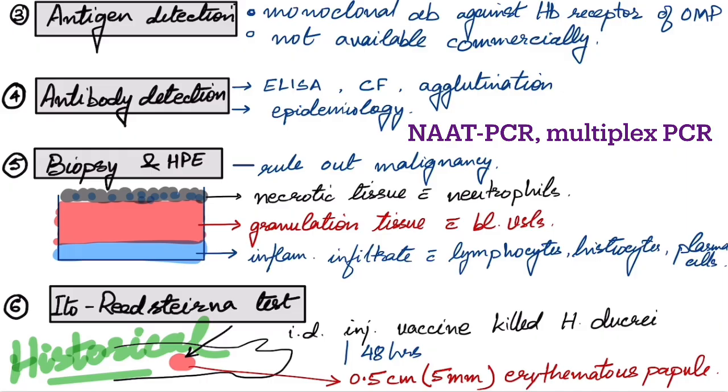Here we can use multiplex PCR made for 3 diseases. One is Chancroid, another one is syphilis and herpes genitalis or the HSV. So the 3 causative agents, that is Haemophilus ducreyi, Treponema pallidum and HSV, can be simultaneously worked up for or can be detected in a single PCR session.